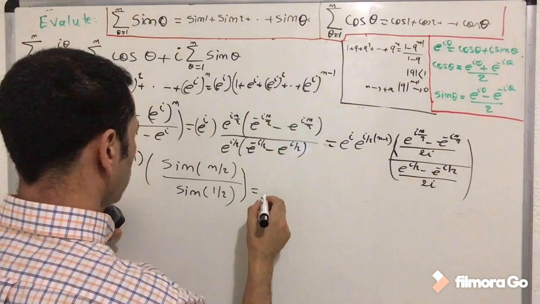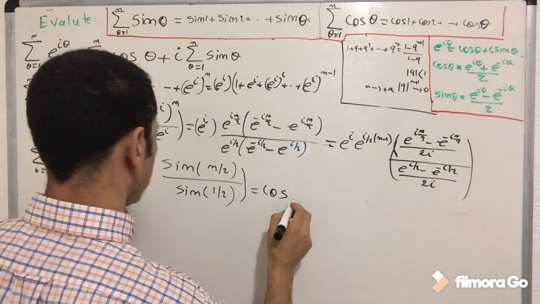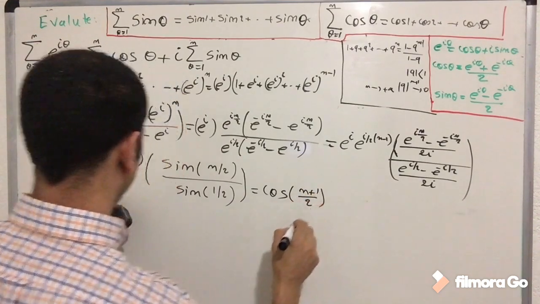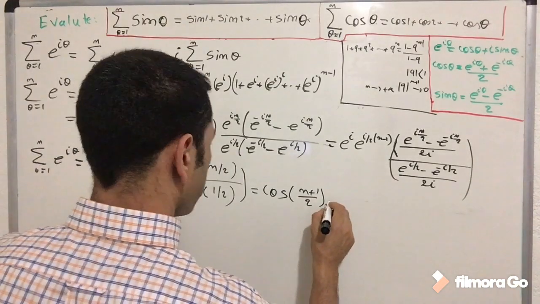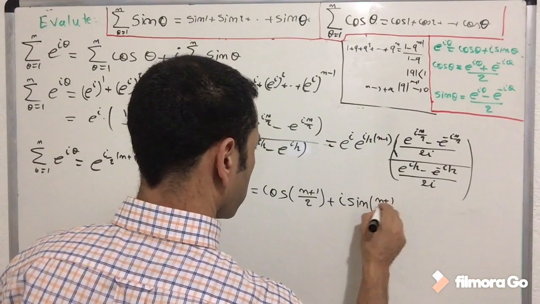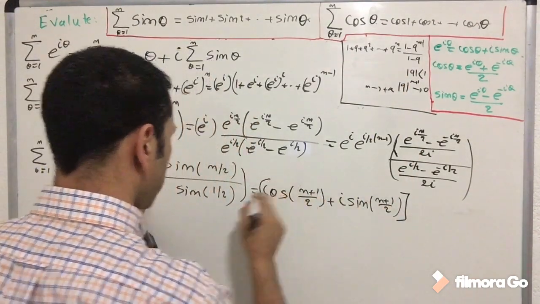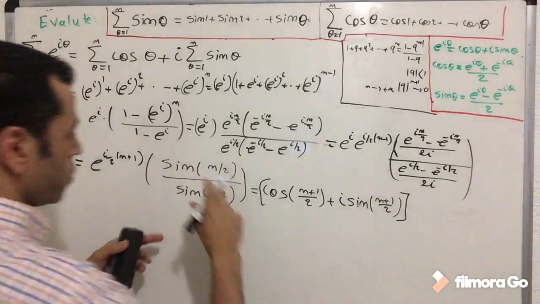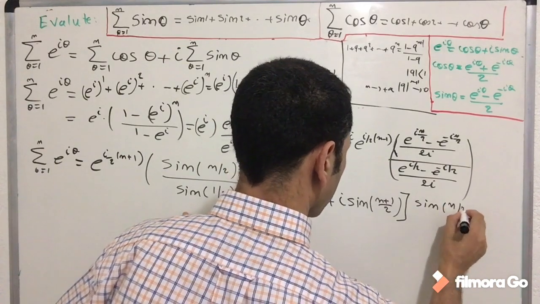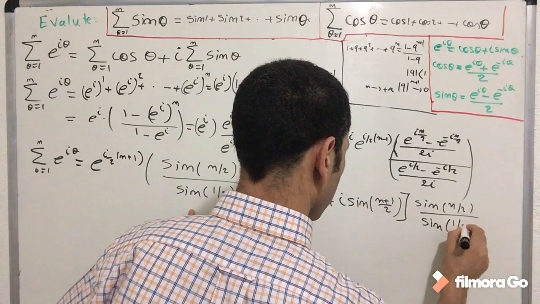So this one becomes cosine (n plus 1) over 2 plus i sine (n plus 1) over 2. This is the complex number, okay, and multiply by this term, which is sine n over 2 over sine 1 over 2.